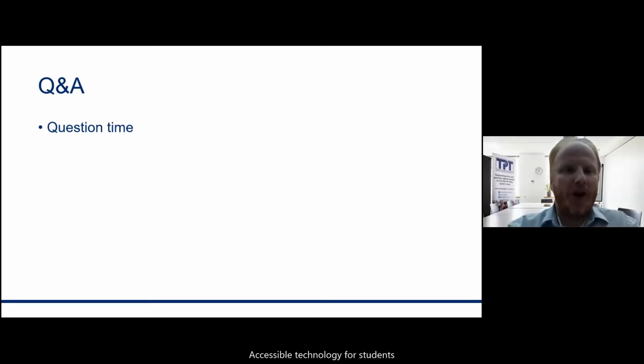So let's look at the question of accessing books. It doesn't necessarily have to be specialist technology. There are specialist options, and I'll cover some of those, but actually there are now, more than ever before, textbooks available through ebook platforms.